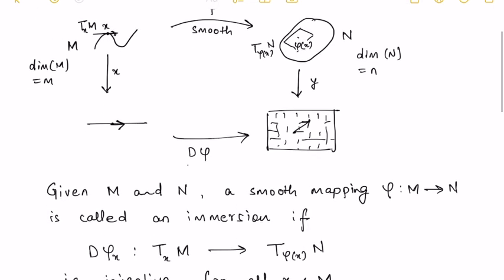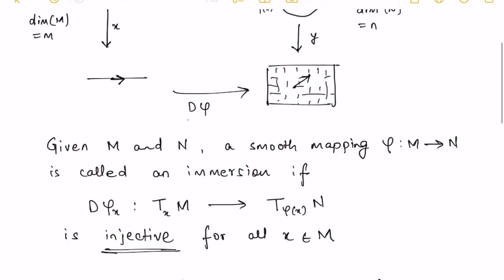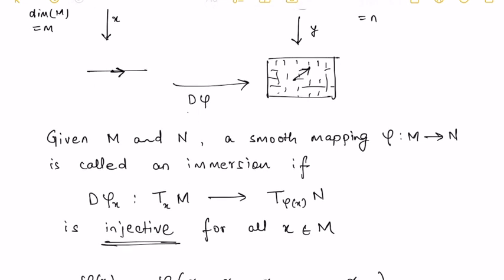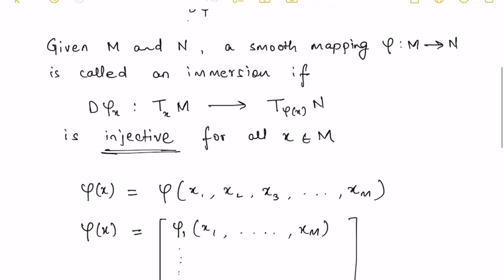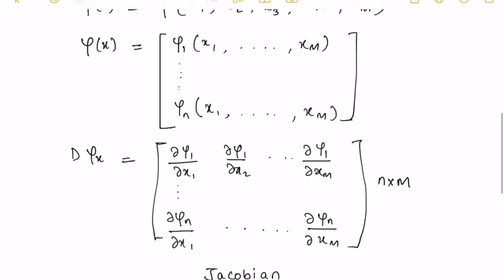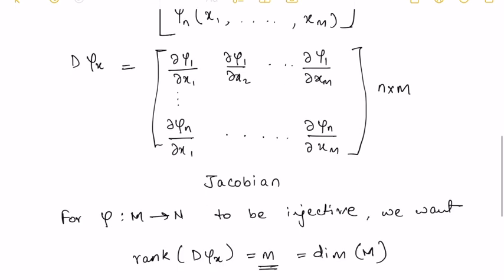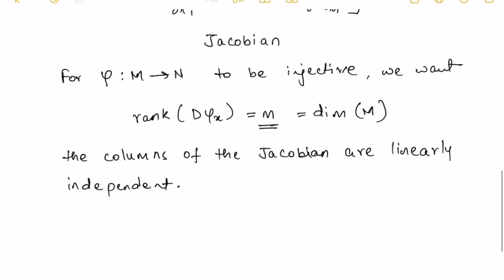Now, this mapping function is called an immersion if this mapping function is injective and the derivative of this mapping function, which goes from the tangent space of M to the tangent space of N, is also injective. And to show that this map is injective, we find the Jacobian matrix, and then we have to show that the rank of the Jacobian is equal to m, right? And that establishes this mapping function psi as an immersion between the manifolds M and N.